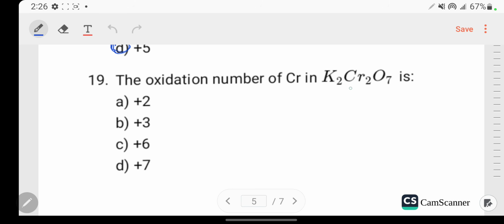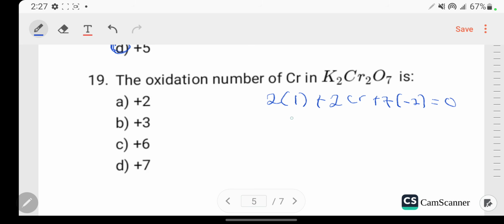We are going to calculate, same principle. There are 2 potassium, and since it's found in group 1, it will have a charge of +1. Then we also have the chromium ion, we are going to account for the 2, so 2 Cr. Then also we have 7 oxygen, so we have times 7. The oxygen has got a charge of -2, should be equal to 0.